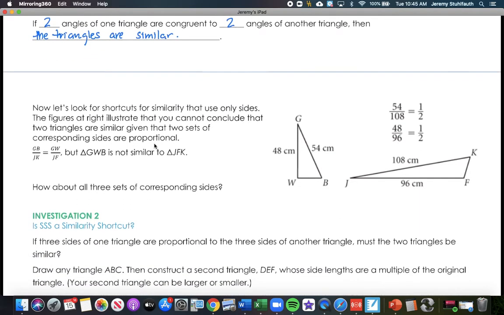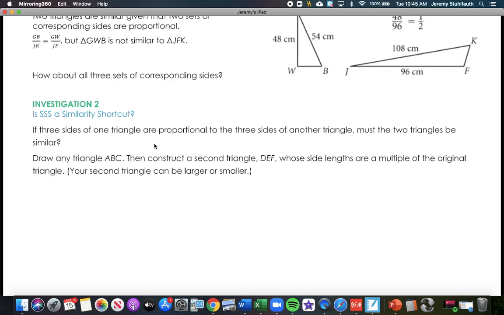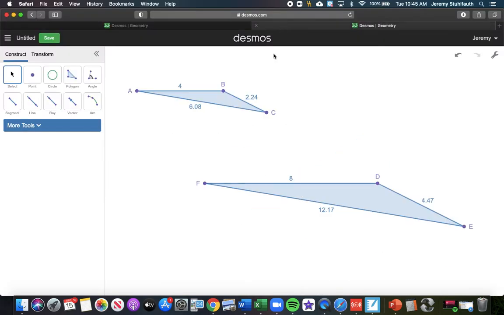And this time we're going to take a look at what we can say about sides. If we know all three sets of corresponding sides are proportional, does that make them congruent or similar? So again, we're going to jump over to Desmos, and what you'll see is I have two triangles.